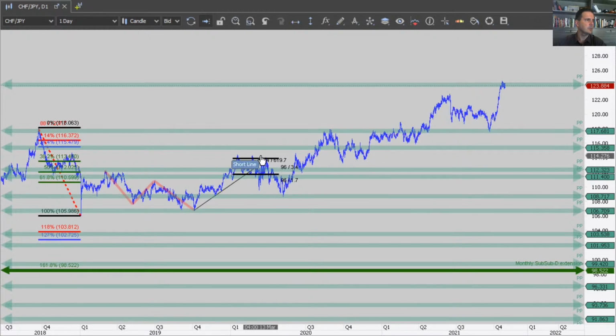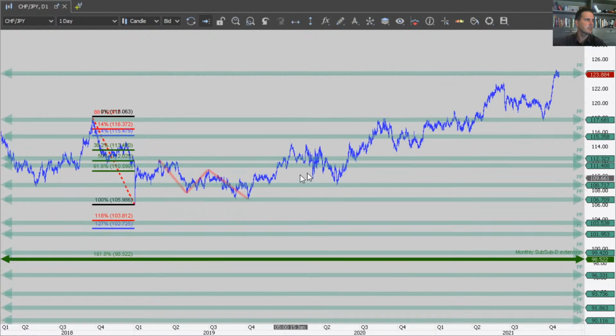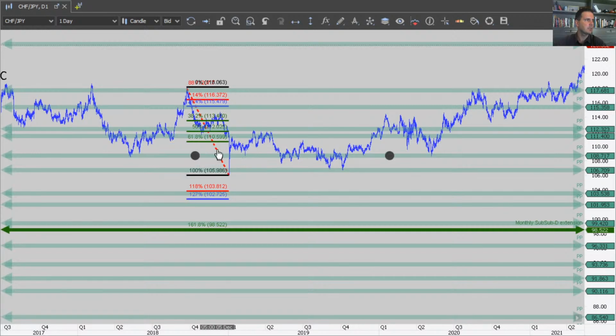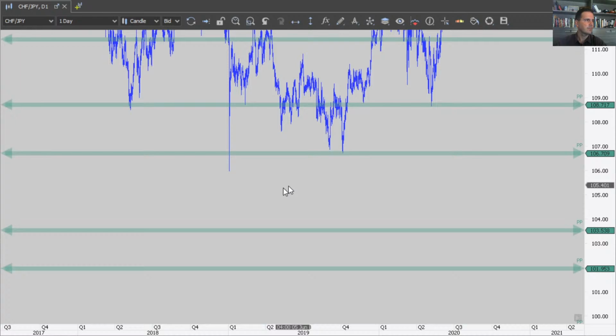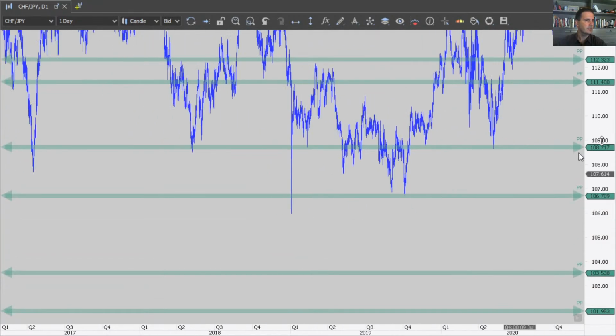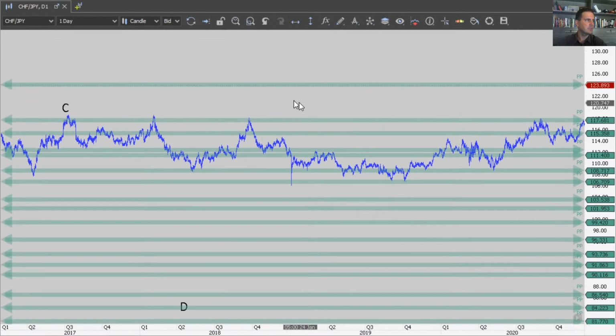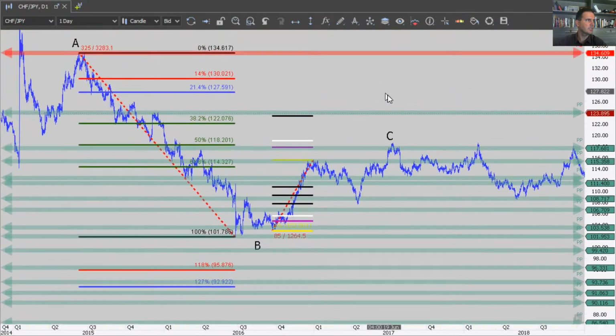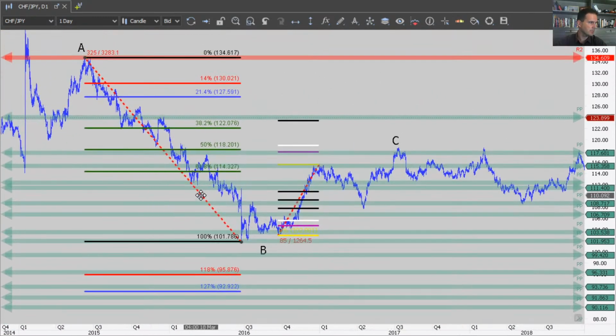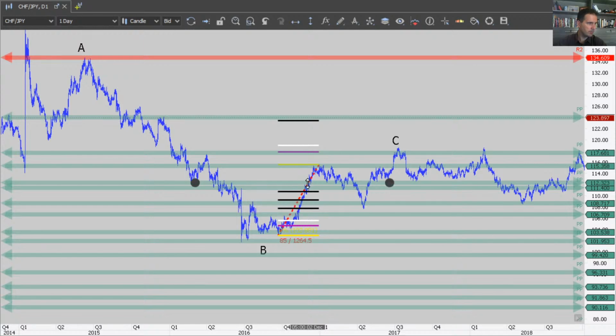Indicators out, one more time. So we don't have a Fibonacci. This is from the weekly, everybody.